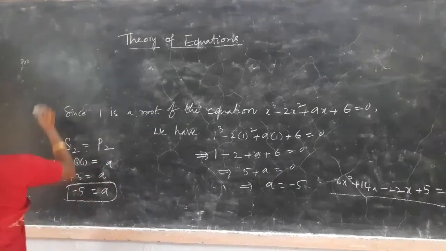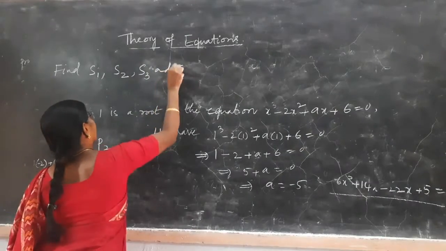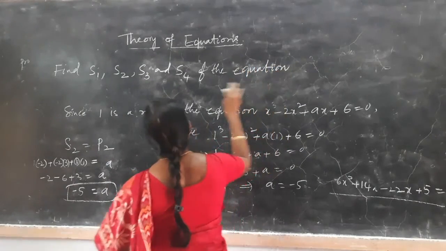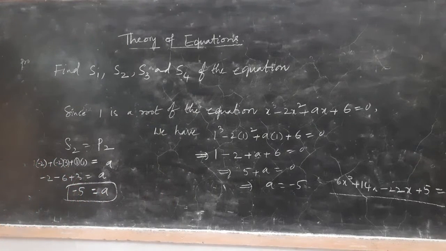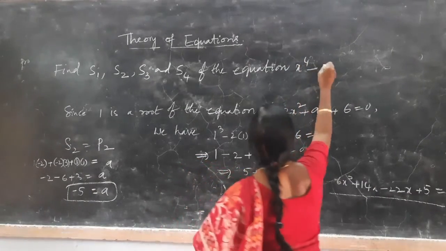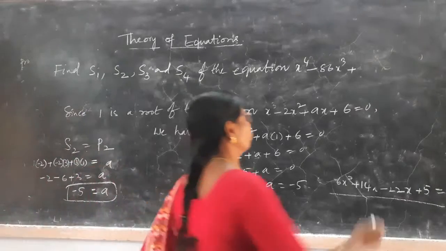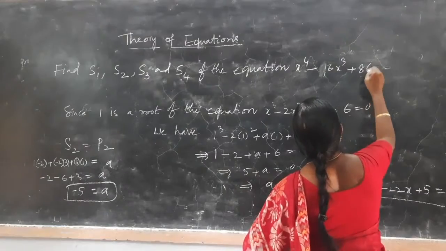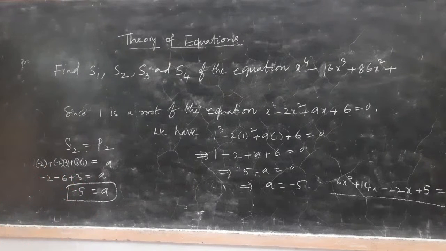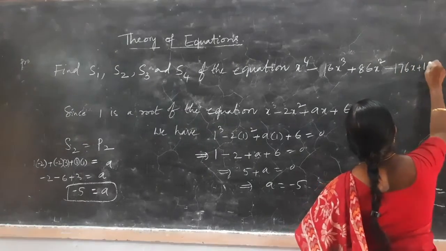Come to the next problem. Find S1, S2, S3 and S4 of the equation x power 4 minus 16x cube plus 86x square minus 176x plus 105 is equal to 0.